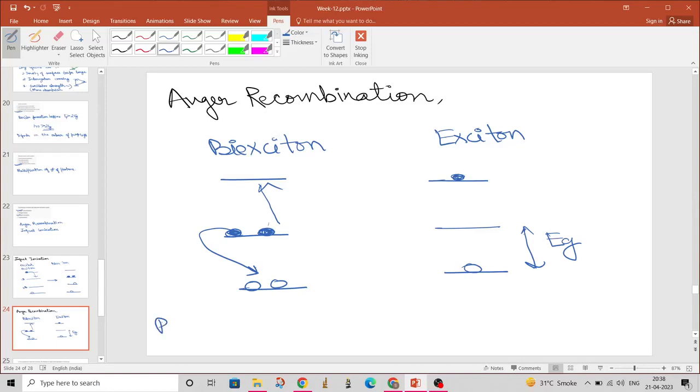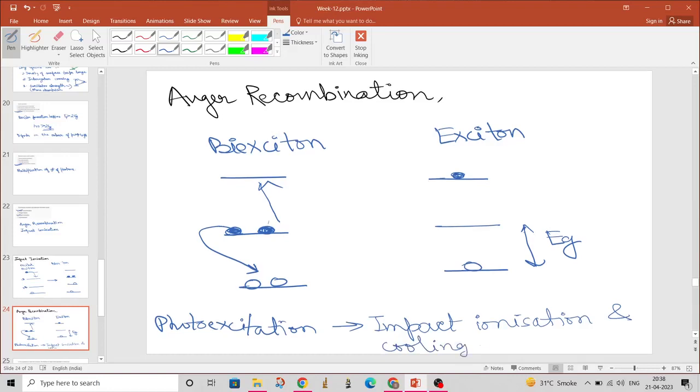So photoexcitation, then impact ionization and cooling, then Auger recombination and cooling.